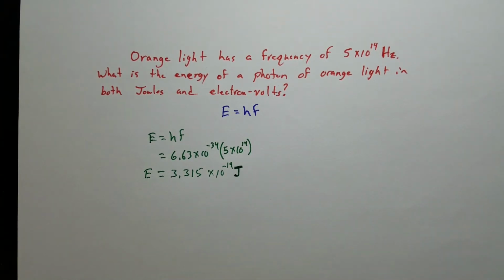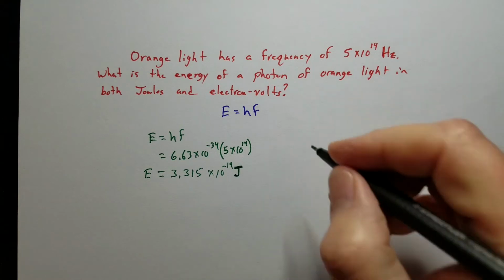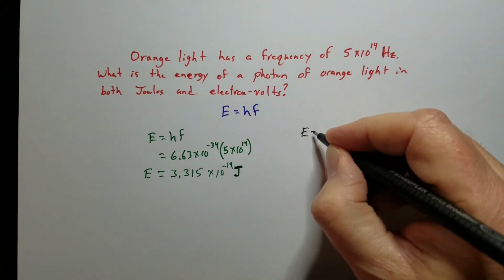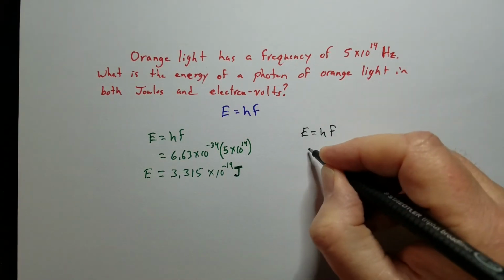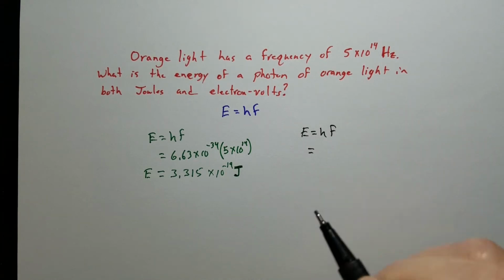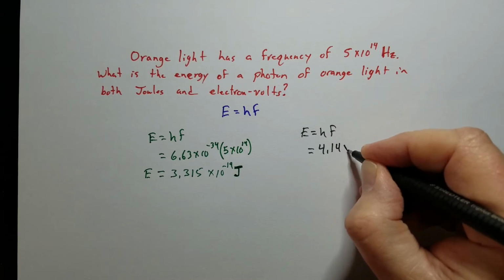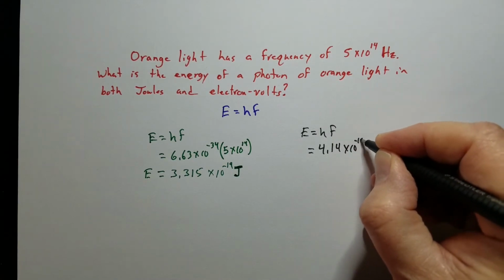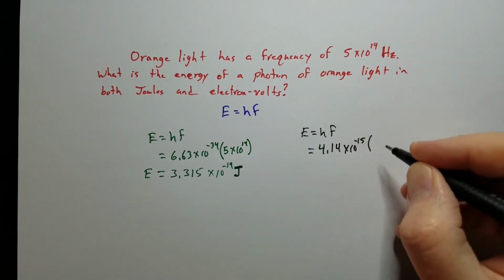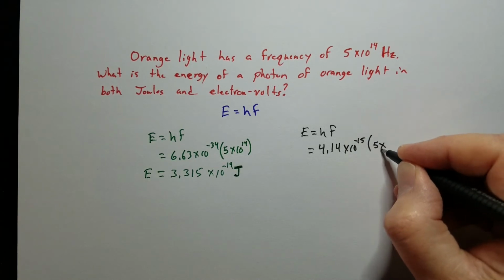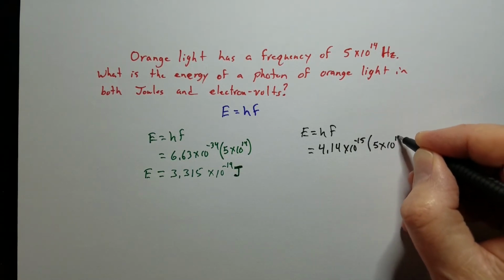What if we do the same thing, except this time in electron volts? For electron volts, we've got the same equation, E equals hf. The only thing we do is substitute in the electron volt version of Planck's constant, 4.14 times 10 to the minus 15, times the frequency, 5 times 10 to the 14th.